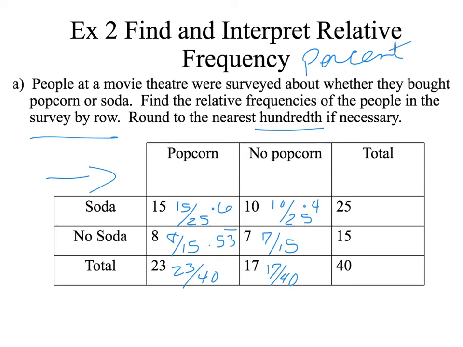7 divided by 15, I get 0.46 repeating. 23 divided by 40, I get 0.58. And 17 divided by 40, I get 0.43.